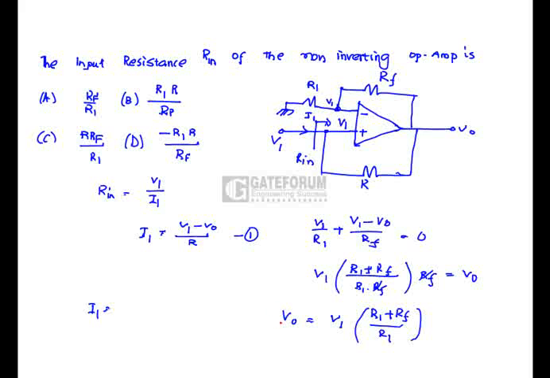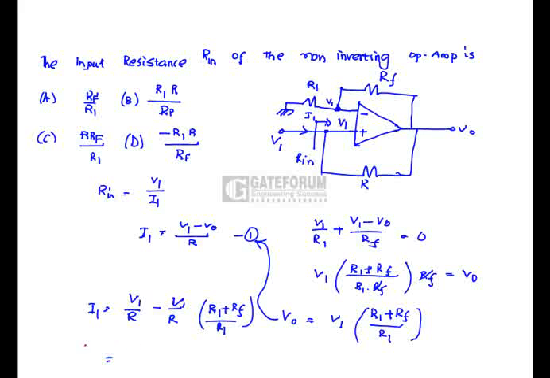I1 equals, we have to substitute this into equation 1. So V1 by R minus 1 by R times V0, where V0 is V1 times R1 plus RF by R1.